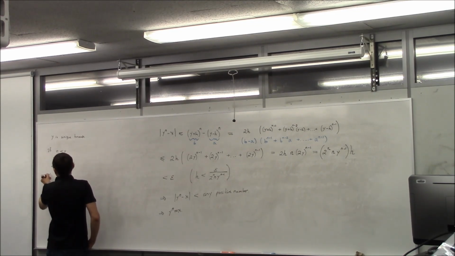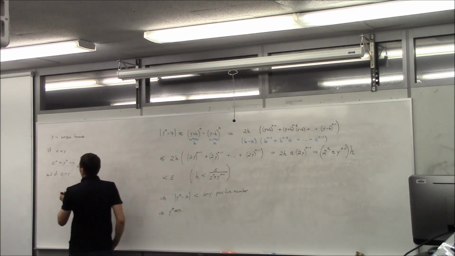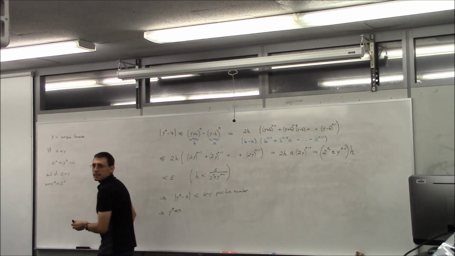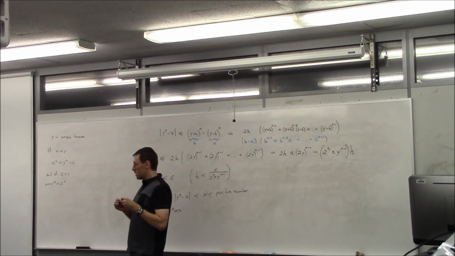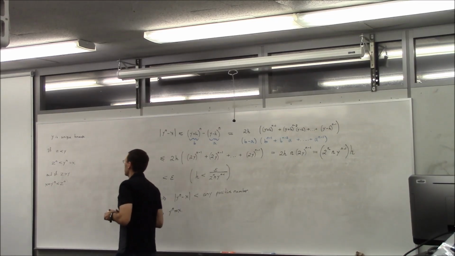And if z is bigger than y, then you have that y to the n is less than z to the n, and this is equal to x. So uniqueness is obvious as long as you understand that it's an ordered field, two words that are important.